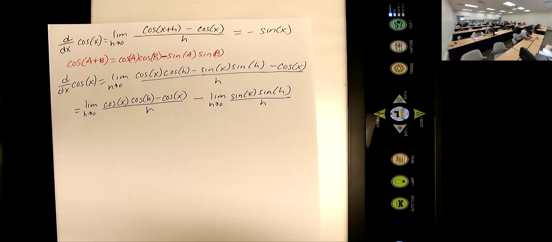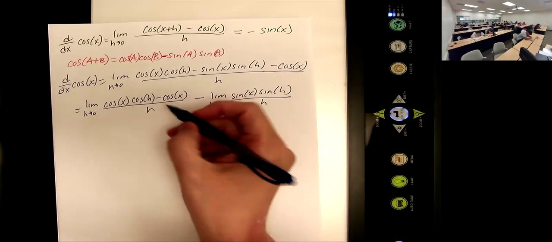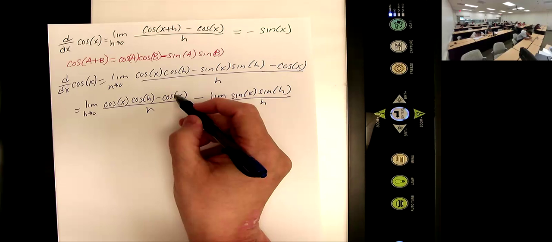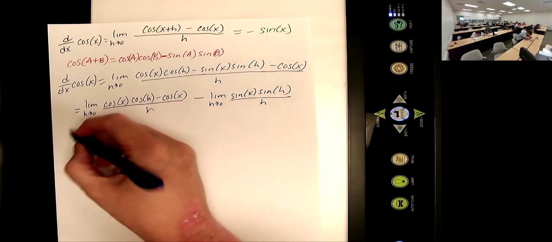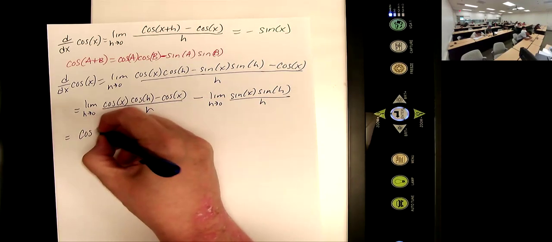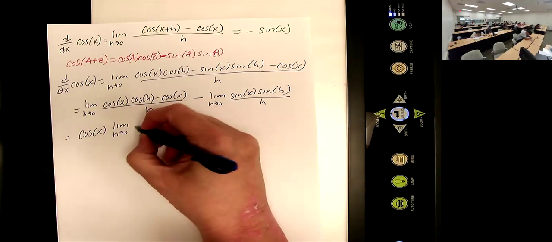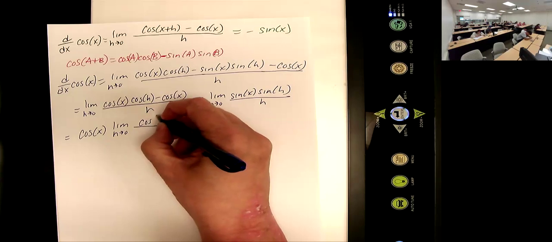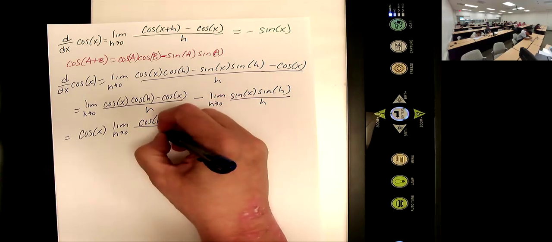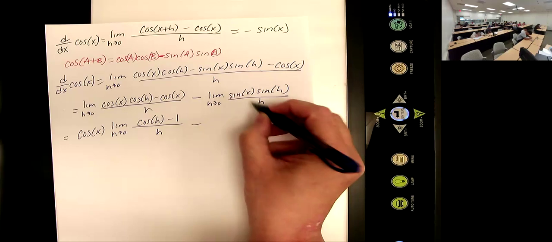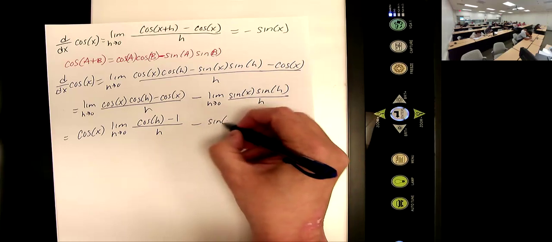Again, x is not h, so anything that's just an x, if we can factor it out of everything, we can factor it outside. Both of these have a cosine x, we can factor it out and put it outside: cosine h minus 1 over h. Then same thing here, we can factor out the sine x.